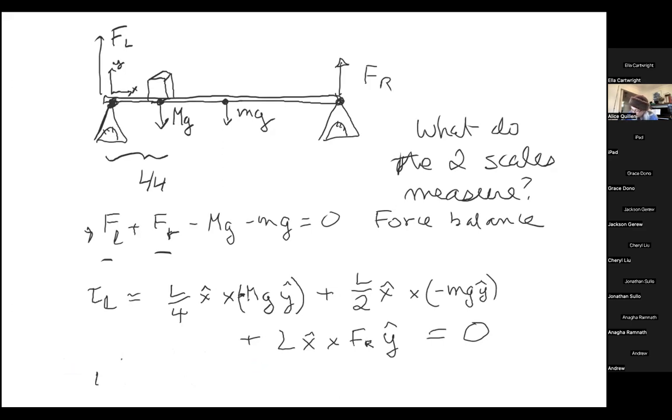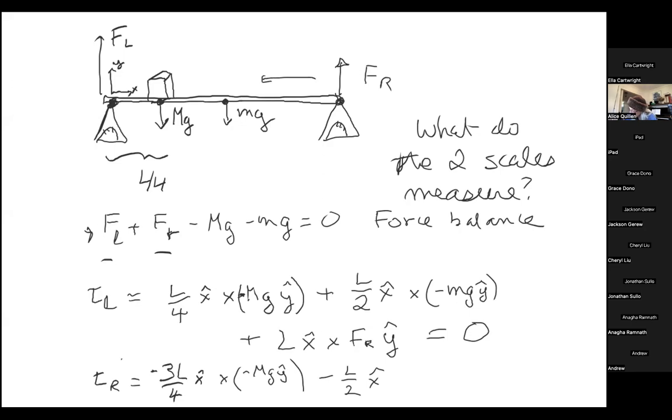So torque on the right hand side. Let's start with the box. We would have 3L/4 x hat, but now it's in the minus x direction, so there's a minus sign, cross minus mg y hat. And then we would have the same for the board itself, gravity from the board itself, but now it's got a minus sign because we're going that way, right?